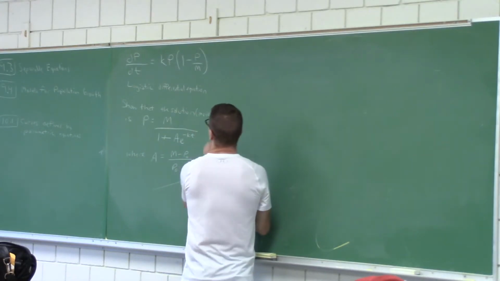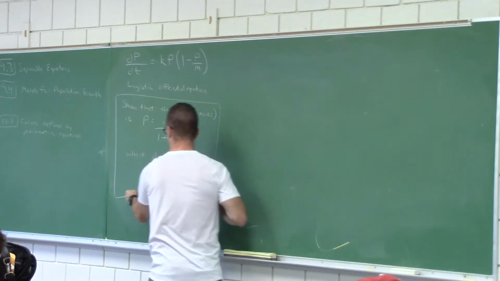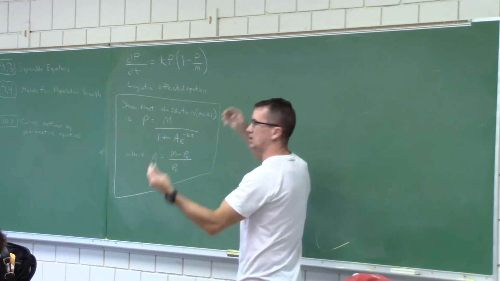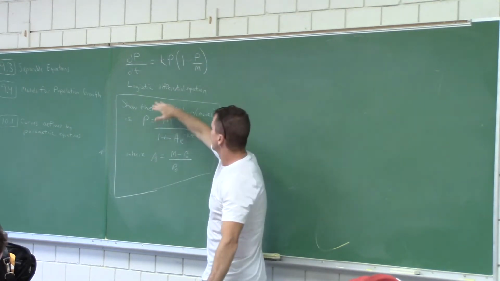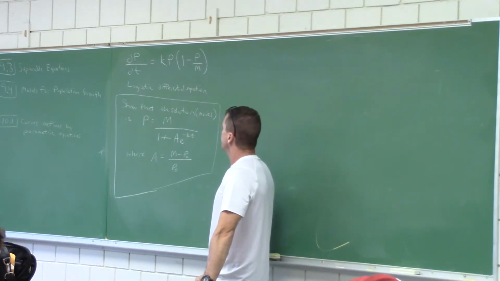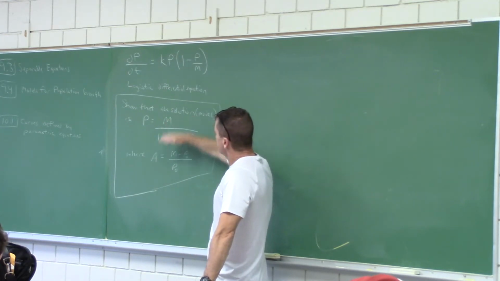All right, so we're just going to leave this up here. But I'd like you to help me show that, and then we'll work a problem. Once we show that this is true for logistic growth.